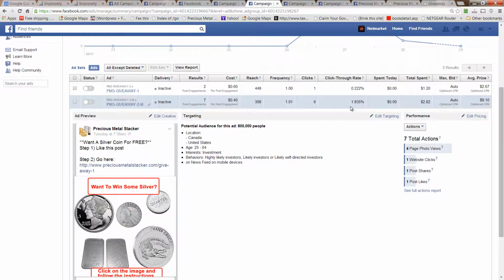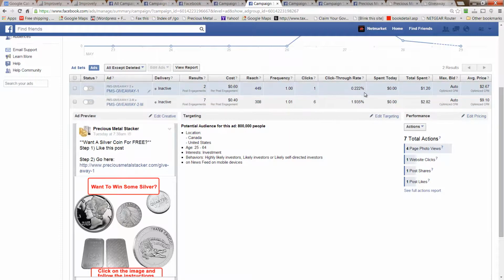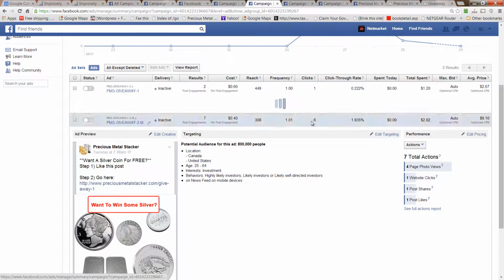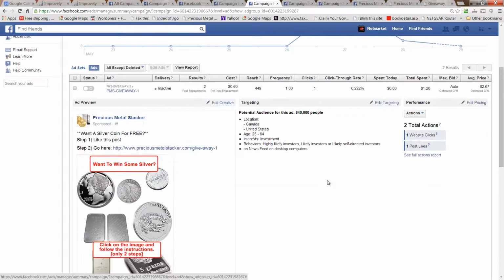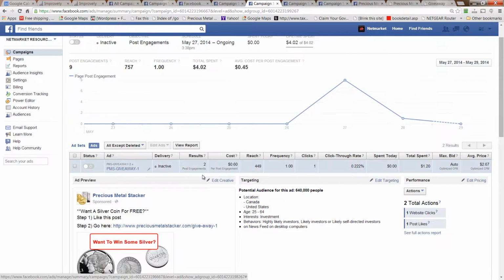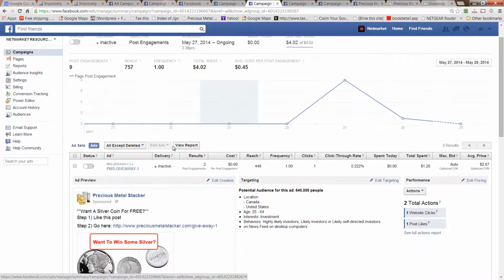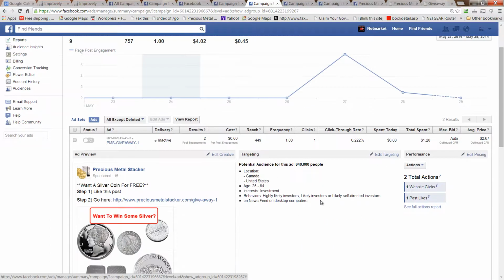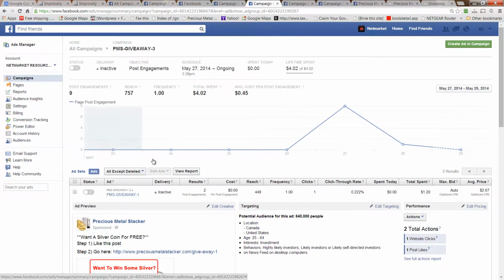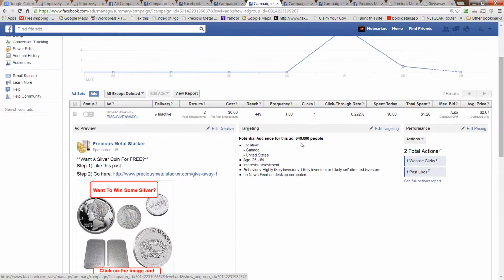We got a click-through rate of 1.9% on mobile devices and 0.22 on desktop devices, so it bombed. You can also see that we changed our objective from website clicks to post engagements, because I wanted to test this and see how it performed. So that was the second iteration. We switched up the targeting, changed the objective, kept the same ad, but it didn't work.